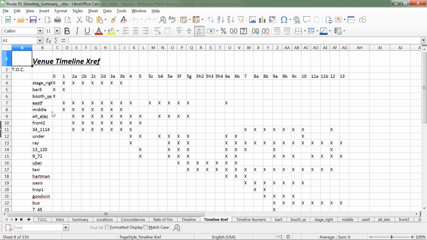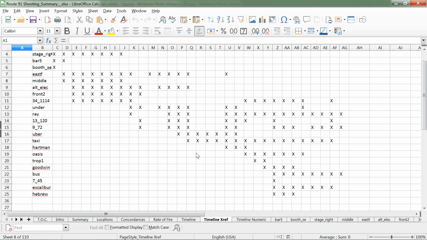So in the case of a video which I've labeled middle, it contains volley 1, 2A, 2B, 2C, 2D, 3A, and 3B. Now, just because there's not an X here doesn't mean that the video doesn't contain it. It's just that I haven't gone through and marked the muzzle blast, or can't for some reason. And so this gives me a very quick indication of which video I will need to go look at if I'm interested in a particular event.